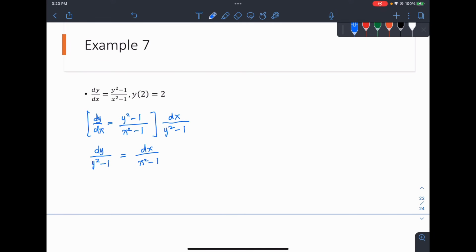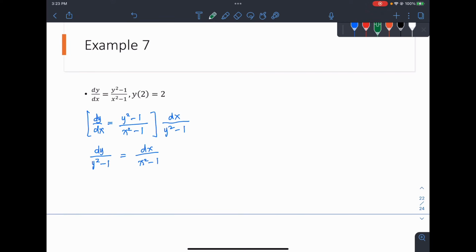This is not a natural logarithm. Although there is an operation involved, we cannot simplify it further to use another method. The only way of solving this particular problem is to use partial fractions.